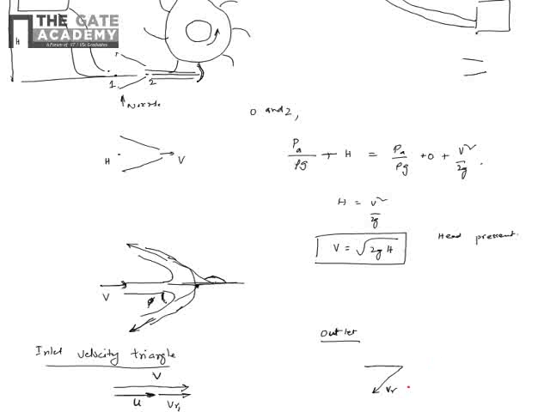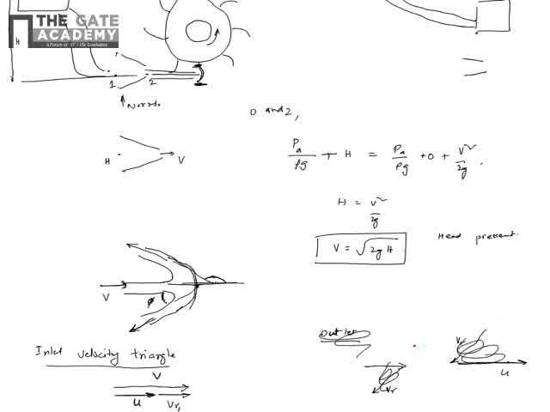Vr, the relative velocity, is this. Your u is not going to change here because everything is happening almost at the bucket level, and the change in radius is not much, so u is the same as at the inlet. Combining Vr and u, you have the absolute velocity.